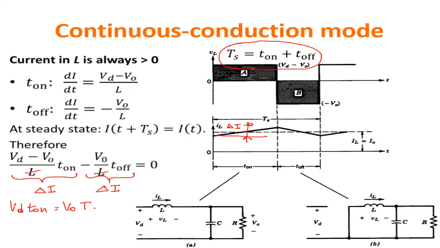And therefore V0, this is not a 0 actually, this is VO, for output. V output is equal to VD times T on over Ts, which is the relationship that we had discussed at the beginning.